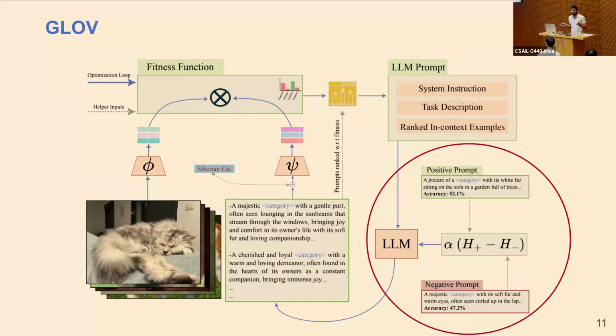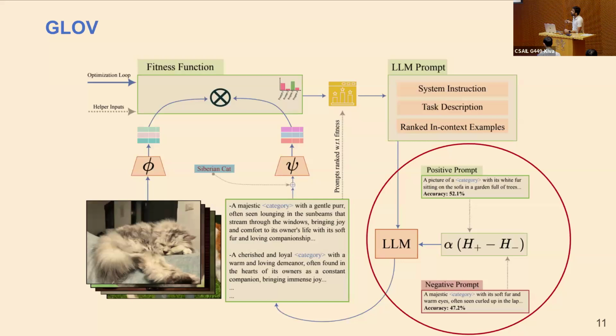I should be a little careful, these might not be sentence embeddings, because we pass it through the LLM and take the intermediate activations from the middle layer, in this case Llama 3. So we have H positive, the sentence embedding for the positive prompt, and H negative, the sentence embedding for the negative prompt.